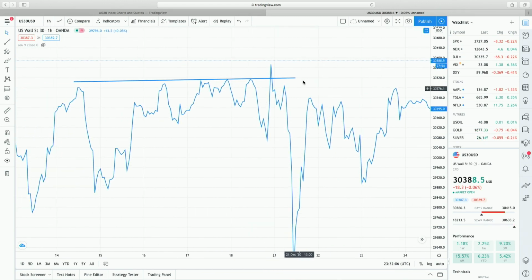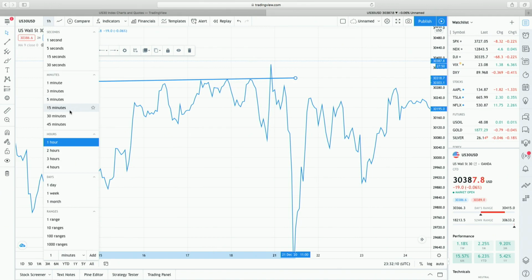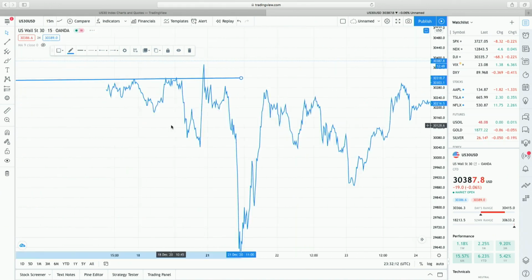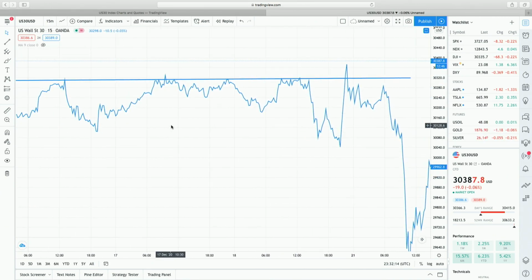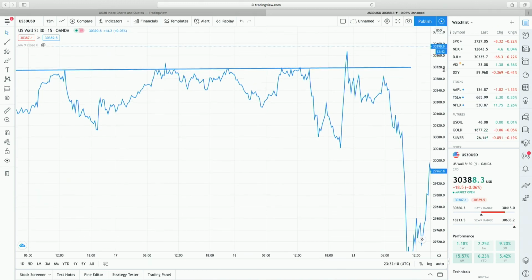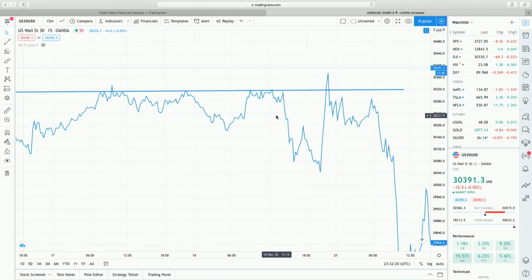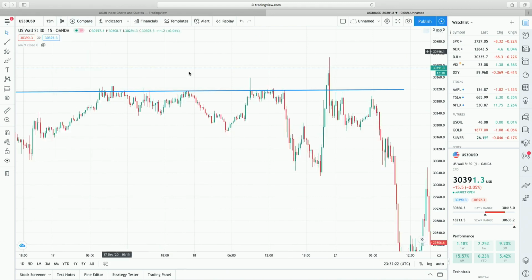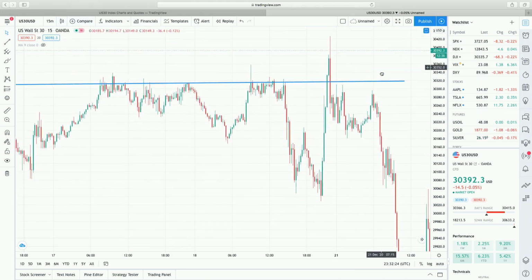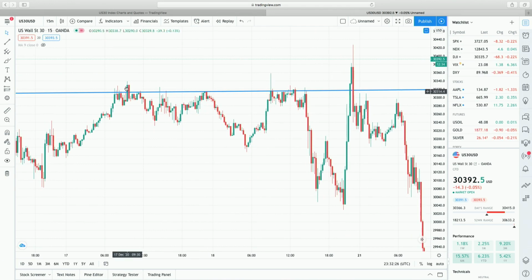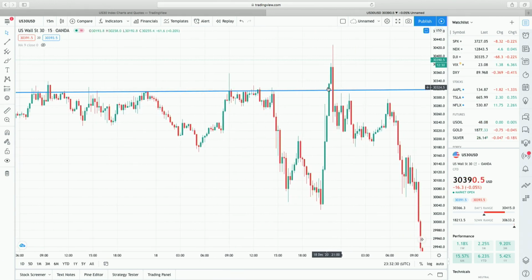Let's say you're taking a trade, and you already drew your resistance, and you know it's been resisting. You see how price resisted here, resisted, and never broke through, then finally this candle broke through.